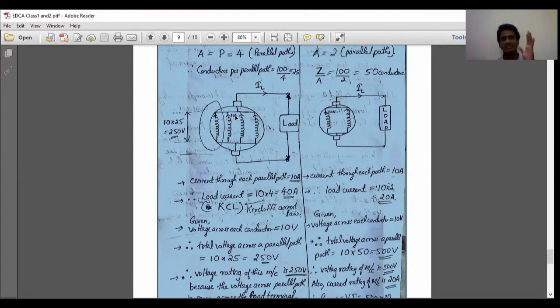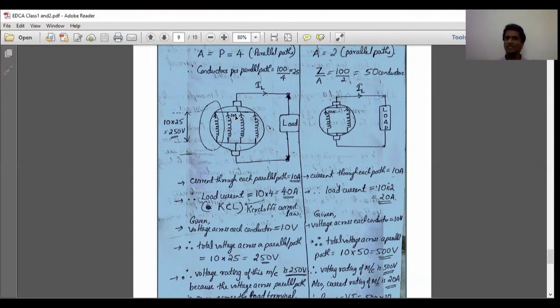If I connect a 10 ohm resistor and a 5 ohm resistor in parallel to each other, effective resistance will be 10 into 5 divided by 10 plus 5, and it will be lesser than the smallest value resistance, that is the 5 ohm resistor. Clear? So R effective will be lesser than 5 ohm. It shows that whenever resistances are connected in parallel, the effective resistance reduces.